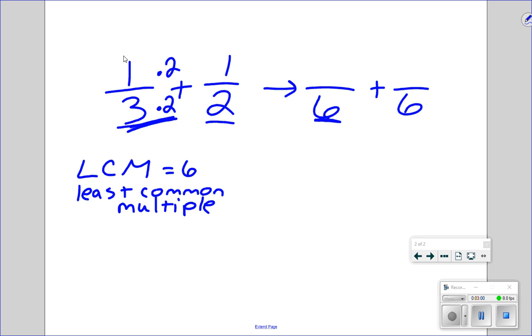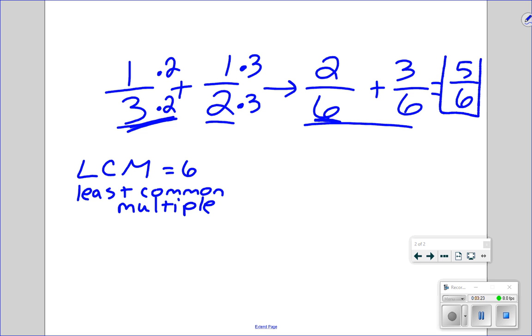So the bottom will be 6, the top will be 1 times 2, 2. For the 1/2, I still need to make that denominator 6, so I need to multiply it by 3 in order to make it 6. So I'm going to multiply the top and the bottom by 3. And so what I end up with now is two fractions that have the same denominator. So 2/6 plus 3/6 is 5/6, and that's my answer. So as long as that's simplified, you're done. Check to make sure you couldn't simplify that fraction.